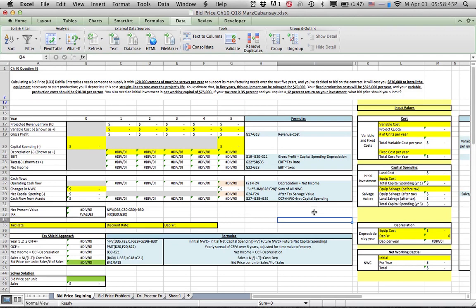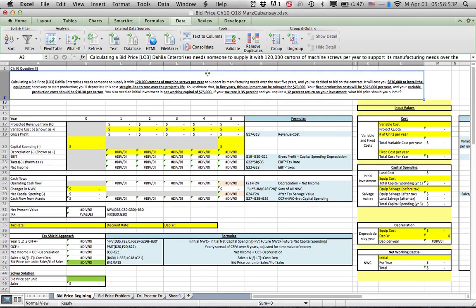Calculating a bid price. Dahlia Enterprises needs someone to supply it with 120,000 cartons of machine screws per year to support its manufacturing needs over the next 5 years, and you've decided to bid on the contract. It will cost you $870,000 to install the equipment necessary to start production. You'll depreciate this cost straight line to zero over the project's life.